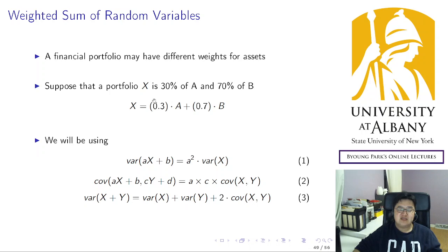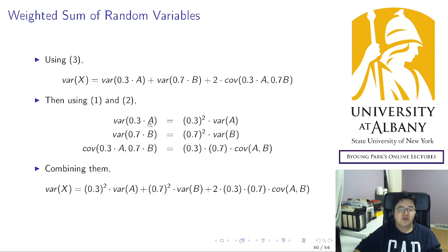The first something is 0.3 times A, and the second something is 0.7 times B. We may just call one something X and another something Y. Then you can see the variance of X equals the variance of 0.3 times A, plus the variance of 0.7 times B, plus 2 times their covariance, the covariance of 0.3A and 0.7B.